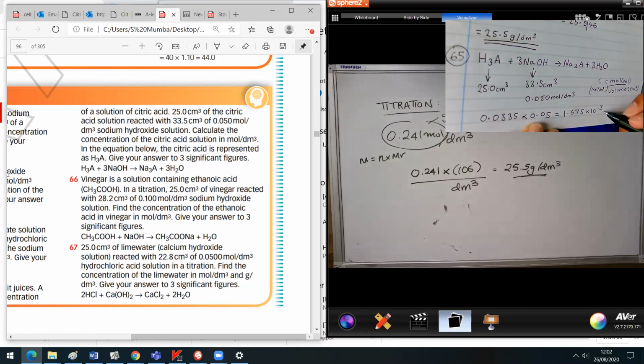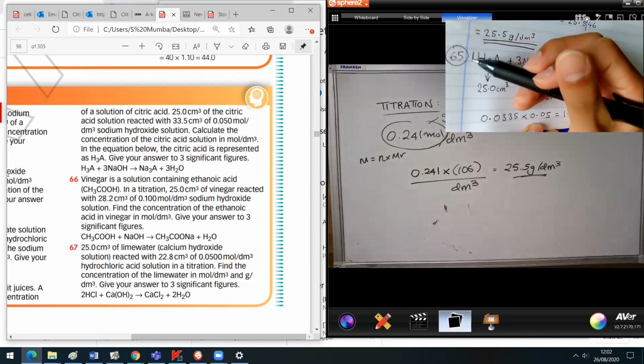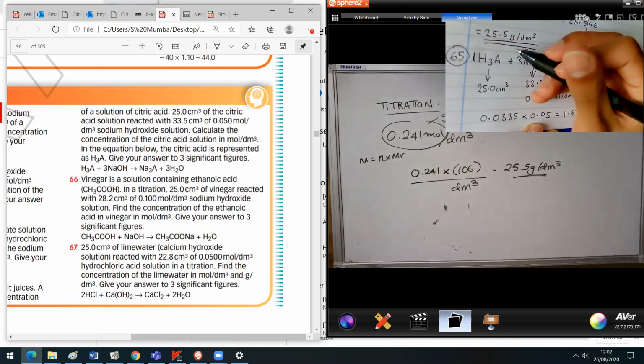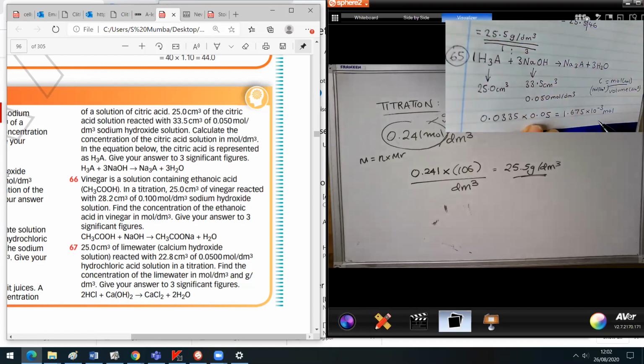Okay, so now that's the moles of this, and then there's a 3-to-1 ratio. Good, well done. And then so we divide this by 3.